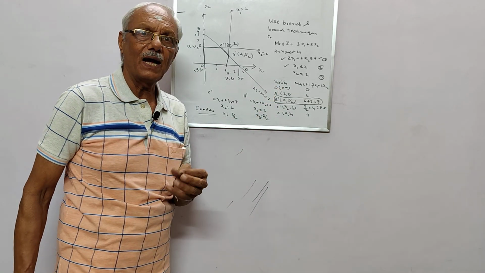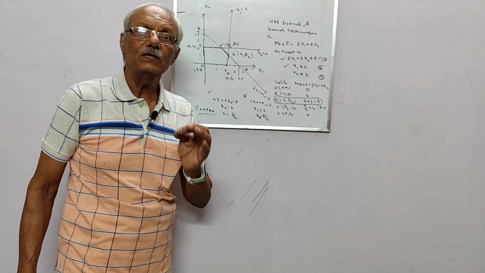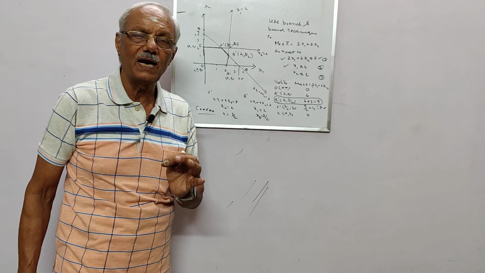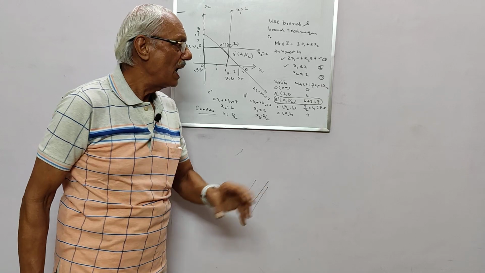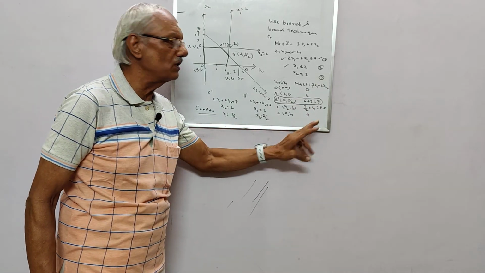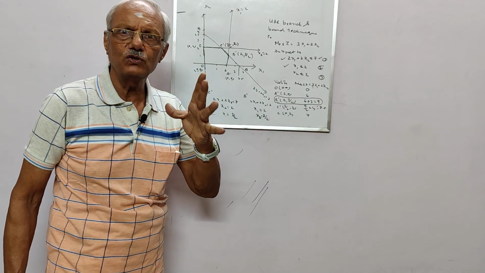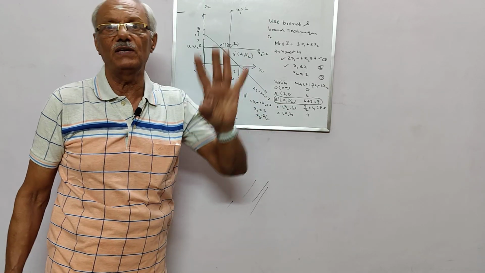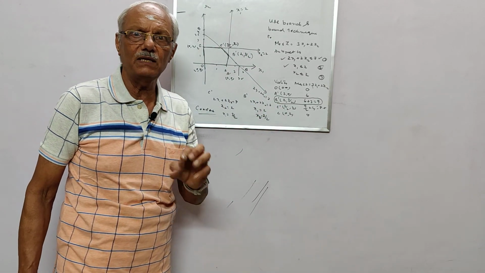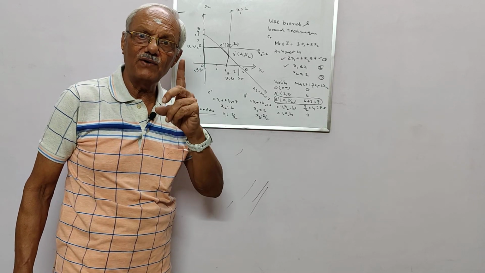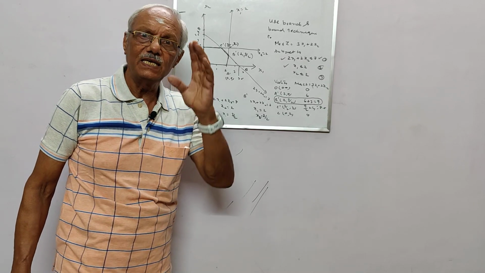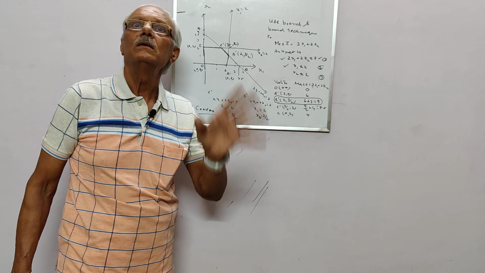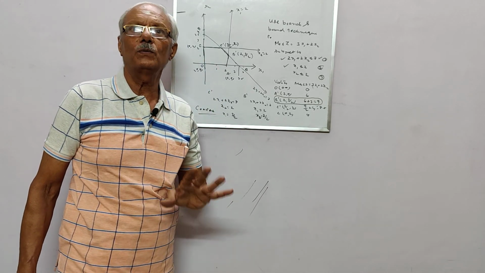Another thing that you must know is that by a solution, I don't mean this. My solution is finding the values of the decision variables. So I make it very clear that finding the values of the decision variables is called finding the solution to the problem.